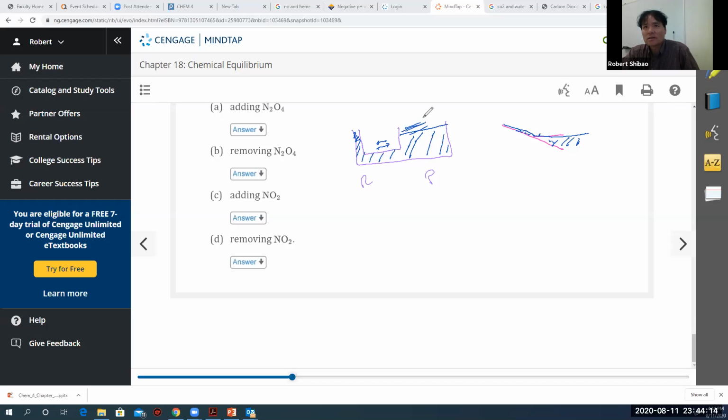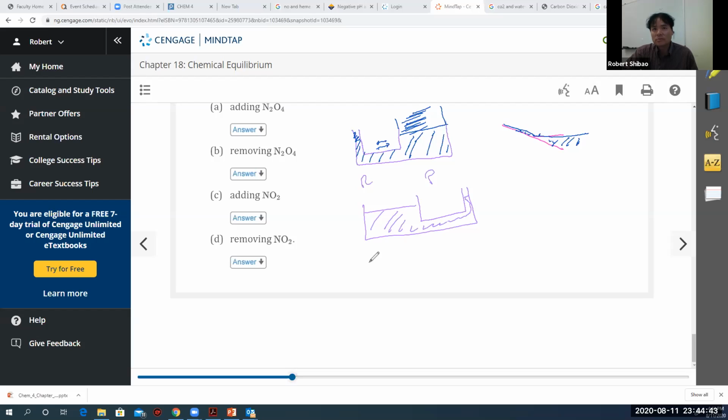If I add too much water on this side, then it's going to push the water to the left. And so that's called a shift. And it doesn't matter which side is favored, we're going to get a shift regardless. So here's a case where the reactants are favored, and so most of the water is on the left side here.